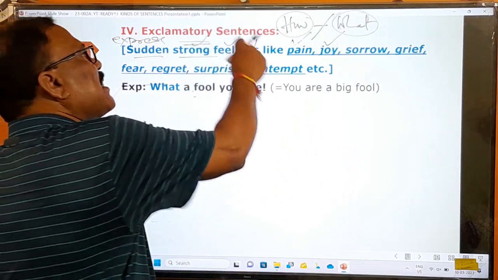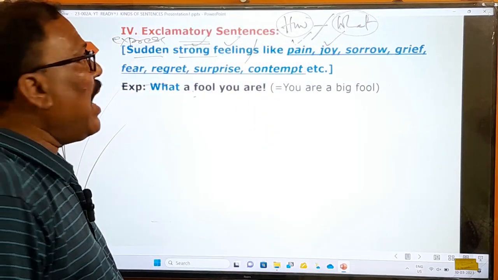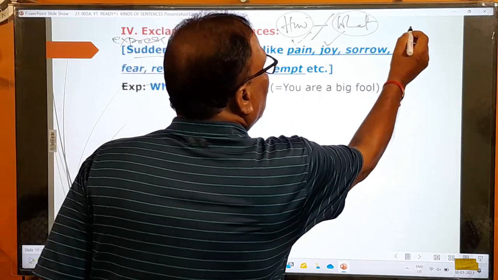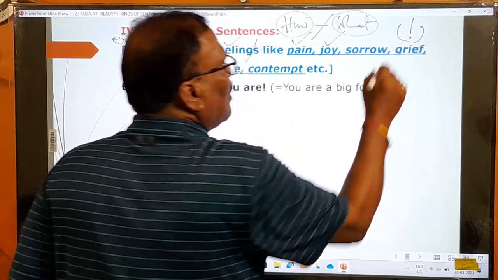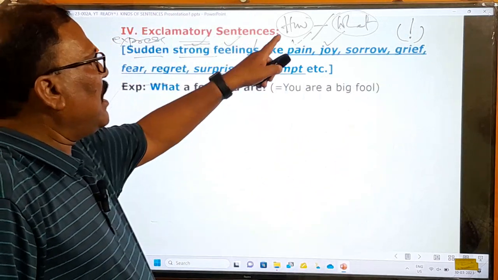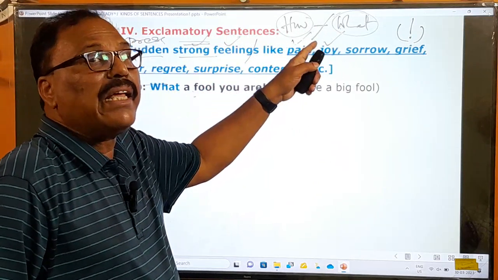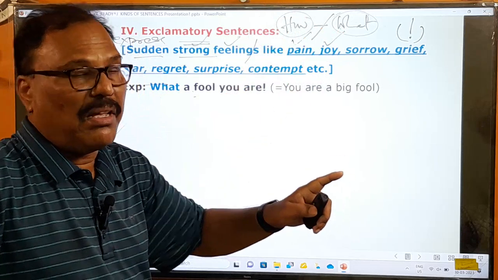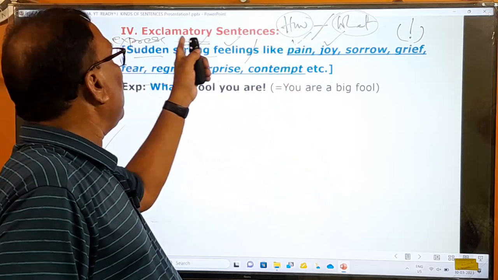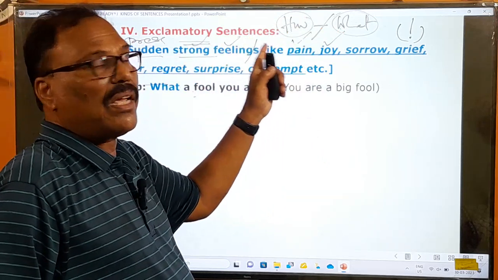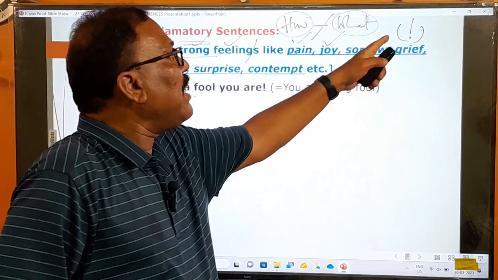These are the real exclamatory sentences. At the end of the exclamatory sentence, there will be an exclamation mark like this. If they are WH words or questioning words, they end in the question mark. But if they are the exclamatory words, then they end in this.